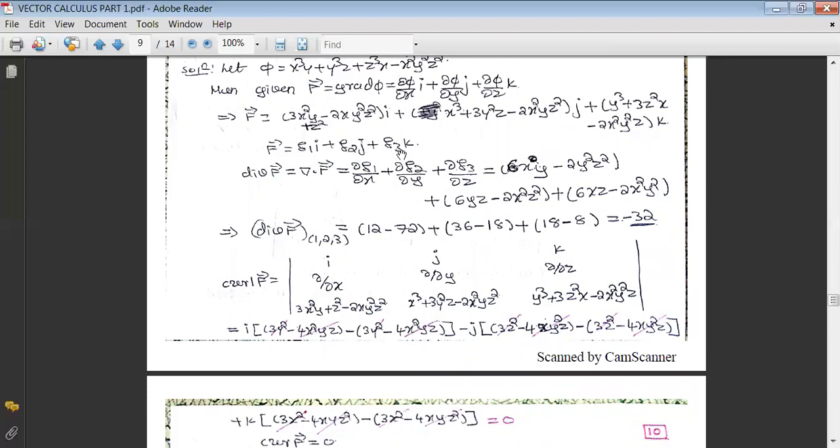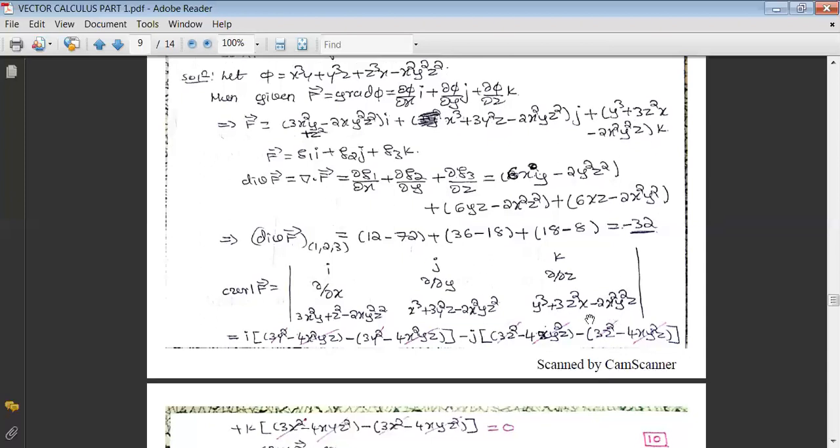In this case, they are 3x square y plus z square, minus 2xy square z square, and the second component is this and the third component is this.